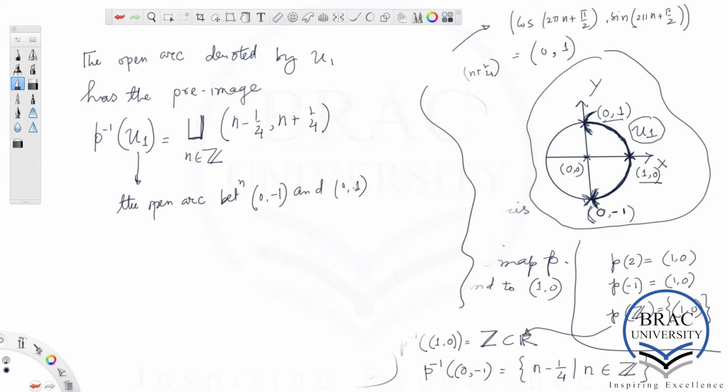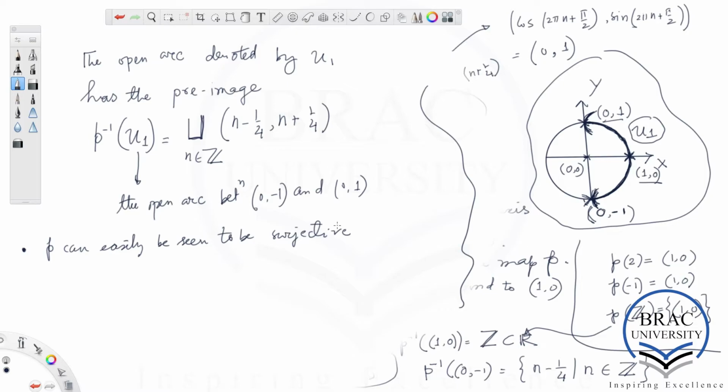Okay, so now a few facts about this map P. P can easily be seen to be surjective. The way we see it is to cover the entire unit circle by open arcs.